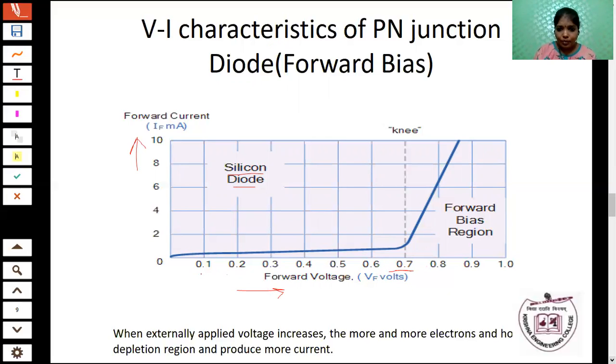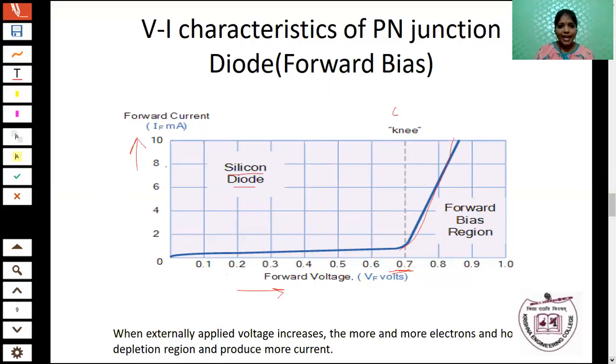When you apply the voltage from 0 to 0.7 volt, here the current is increasing very slowly. That means the electrons do not get enough energy to break the electrical field until the voltage increases above this knee voltage. Knee voltage is also called the cut-in voltage or threshold voltage. When the voltage crosses 0.7 volt, the movement of electrons will increase. That means the electrons break the potential barrier and the current starts increasing exponentially.